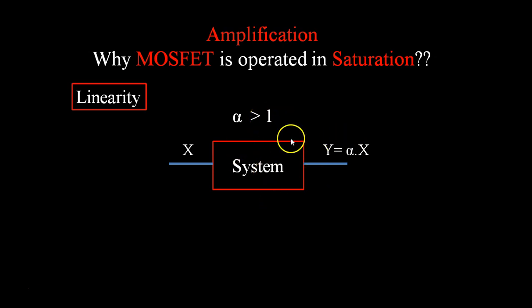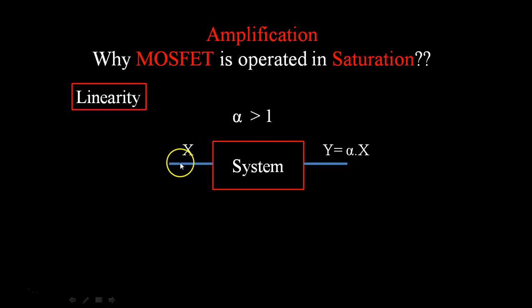If a system can give such a response where output is nothing but input multiplied by some constant, it means the input and output are the same signal. You can see the x at the input is already there at the output, but multiplied by some factor. So this is a kind of linear relation between input and output.